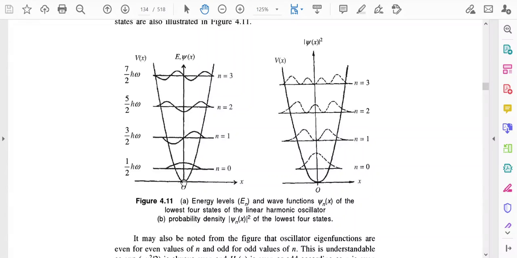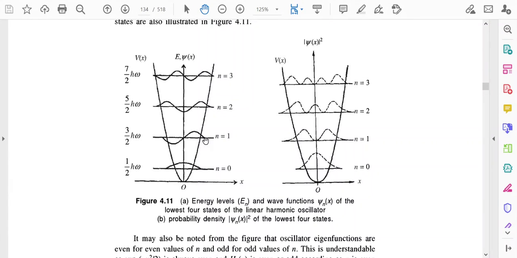When we discussed the classical harmonic oscillator, we said that the oscillator can never be found outside this boundary, because this is the boundary of the potential of the classical harmonic oscillator, and the classical oscillator cannot be found outside of this boundary defined by this parabolic curve.